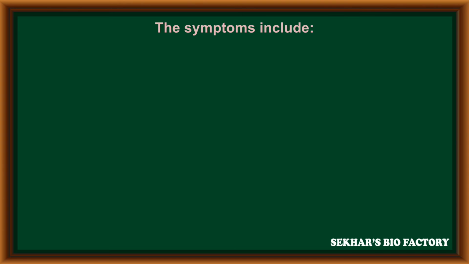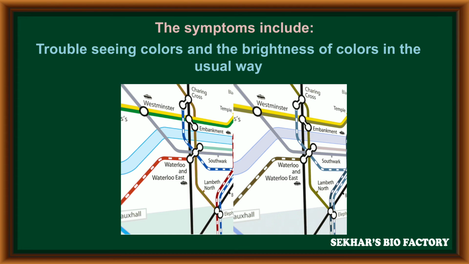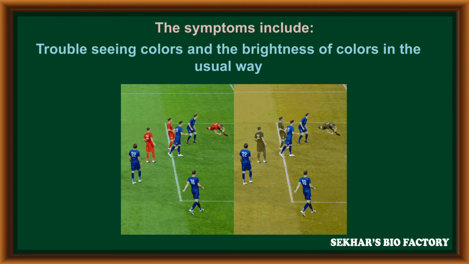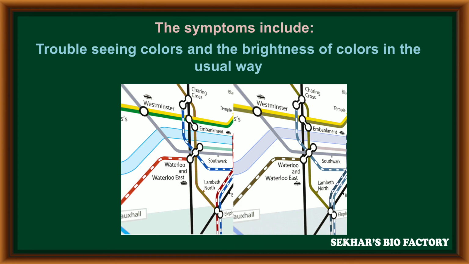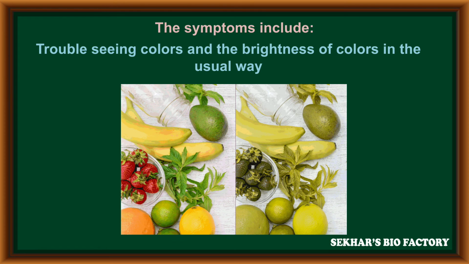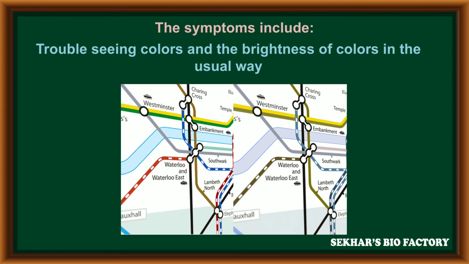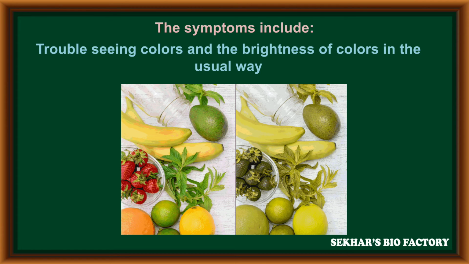Some of the symptoms of color blindness are trouble seeing color and brightness of color in the usual way. In this way, the person has two different types of color vision. The first one is normal vision and the second one is color blind vision.